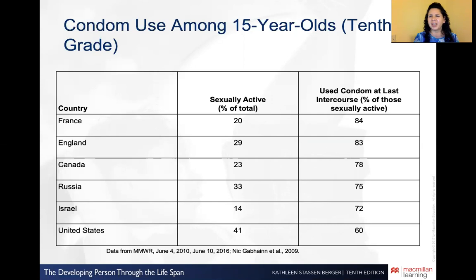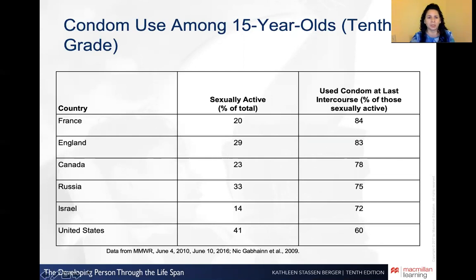England and France, you got 83, 84% of your 15-year-old boys putting on a condom? Pretty awesome, right? Which country has the lowest percentage of their sexually active teenagers using condoms? Again, the US of A. So we have the highest percent sexually engaged, and then we have the lowest percent of that group putting on a condom. So we have some work to do.